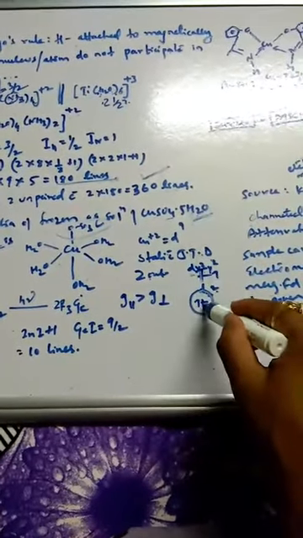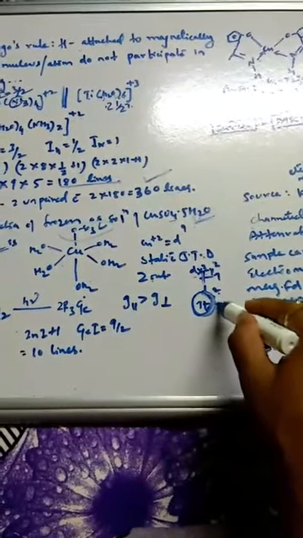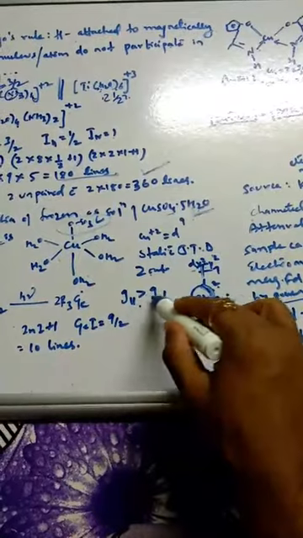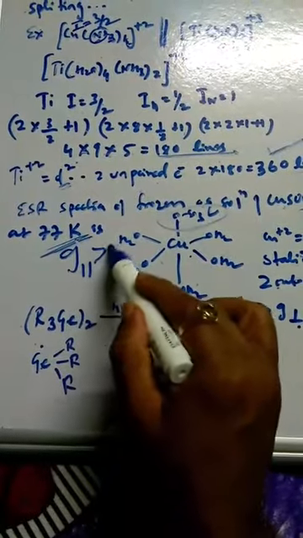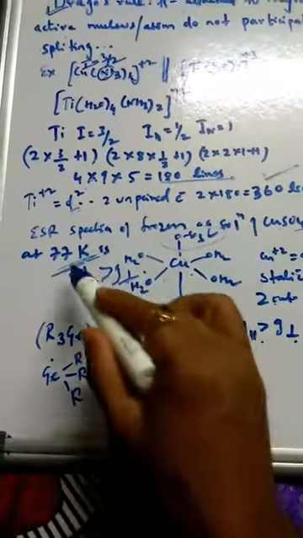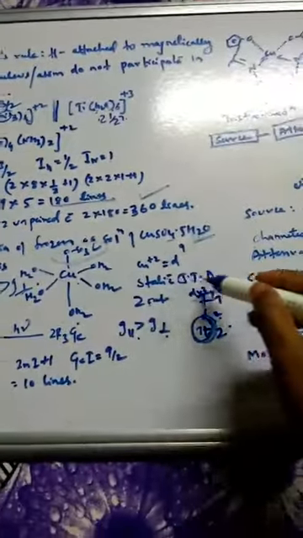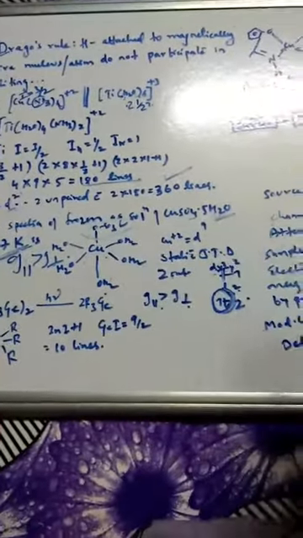Since electron density at z is more, g parallel will always be greater than g perpendicular. So in this complex, if they ask, you have to write g parallel is greater than g perpendicular, because of the static nature of this Jahn-Teller distortion.